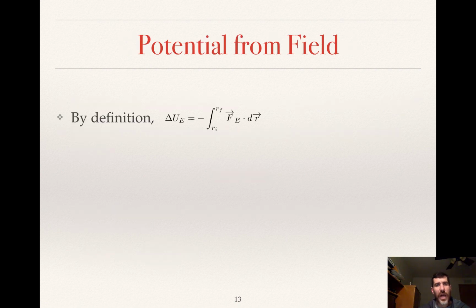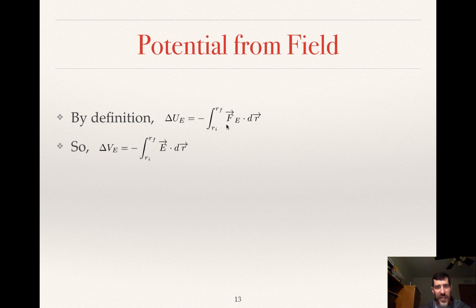Okay, so how do we get the potential if we have the field? Well, remember in the last video, if we want to know the change in electric potential energy, we need to do this integral from some initial position to some final position of the force dotted into our little path length element, displacement vector. Remember, to go from electric potential energy to electric potential, we divided out one of those charges.